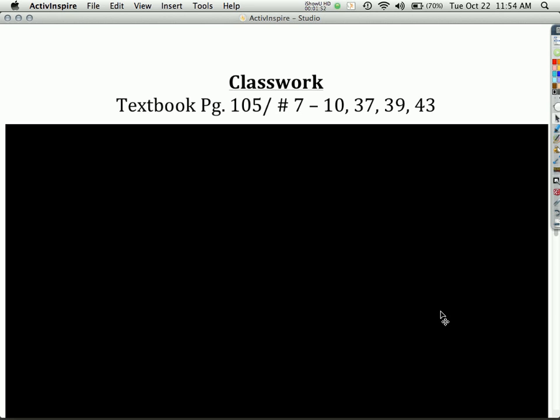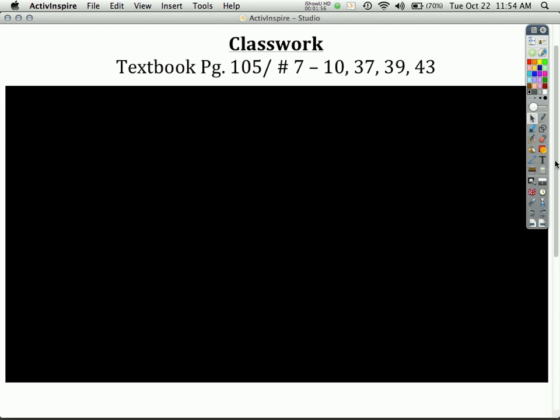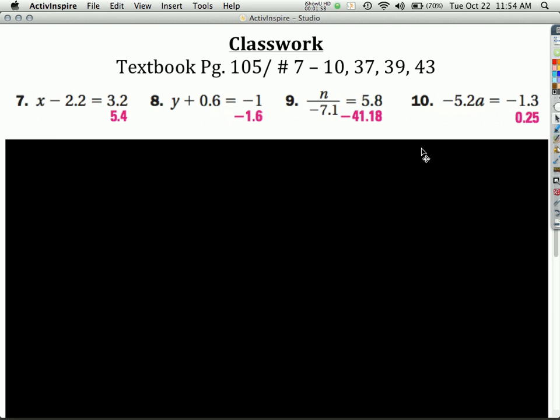Okay, colored pens up, and let's see how we are doing with decimal equations. Number 7, 8, 9, and 10. Number 7 is 5.4. Number 8 is negative 1.6. Number 9 is negative 41.18. Number 10 is 0.25.